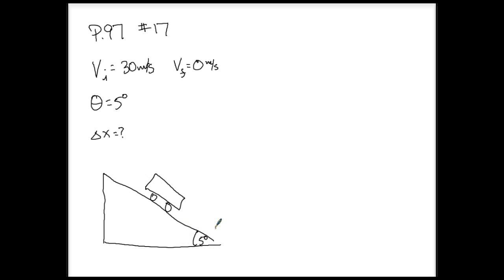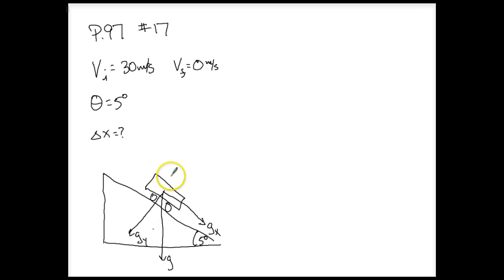And the only thing that's going to cause it to move is gravity. We're going to get gravity going this way. That's going to be my x component, and this is going to be my y component. And by looking at these two gravity vectors, I can see that only the x component of gravity is going to cause it to move.